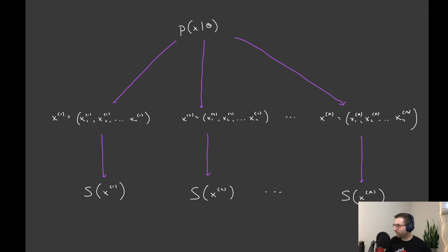So we start up at the top with some known distribution for the population. Then from this population, we want to generate random samples of size n.